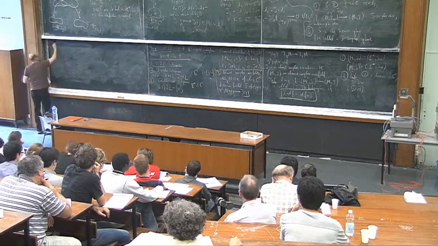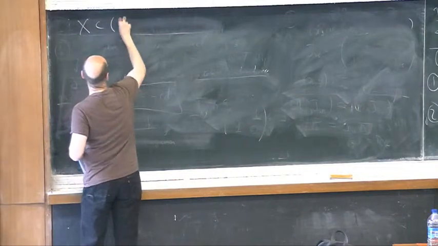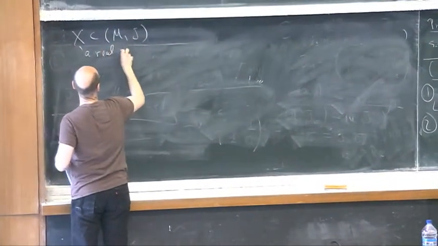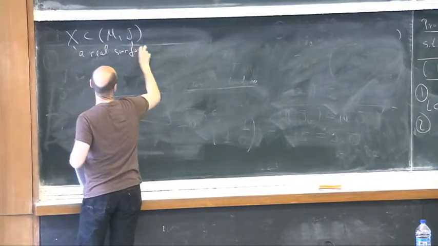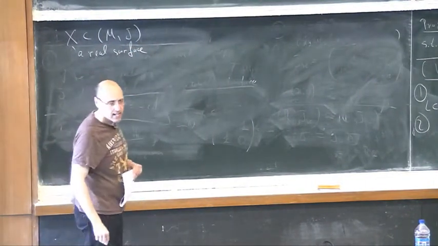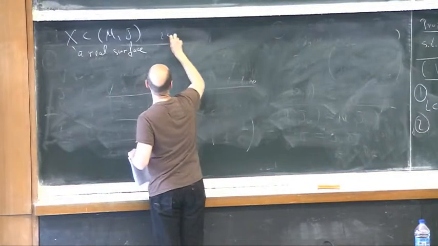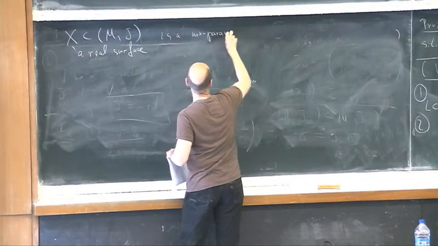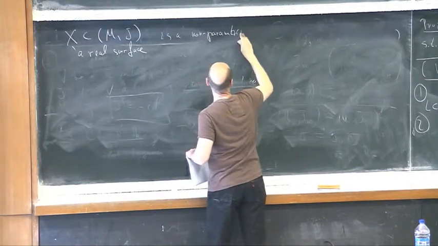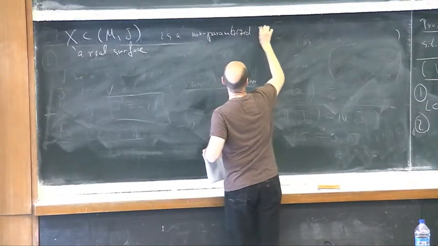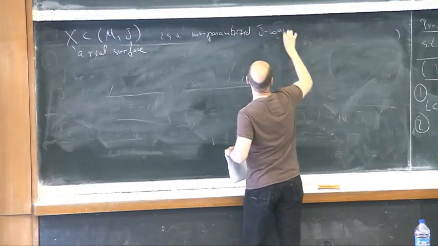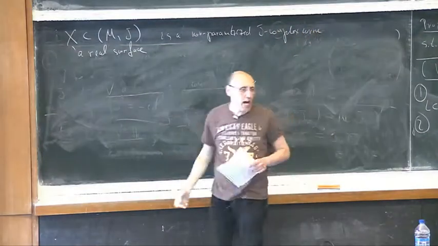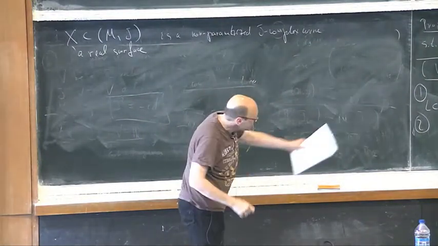If we have X in M, a real surface, we call it a non-parametrized J-complex curve if locally it can be parametrized by a disk.